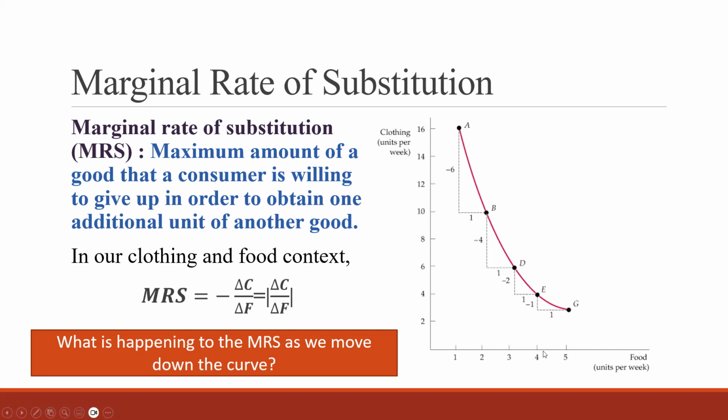As we're moving from A to G, as we're considering the food aspect, namely we're moving rightwards along the horizontal axis, we have consumed more and more food, and then each additional unit of bite will give us less and less increment in our satisfaction. And these two things combined eventually lead to the exchange rate, the marginal rate of substitution between clothing and food, being more and more decreasing as we are moving from A to G.